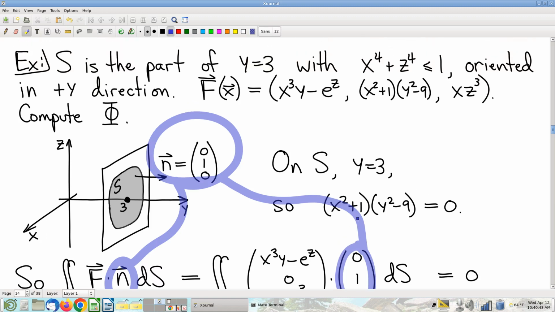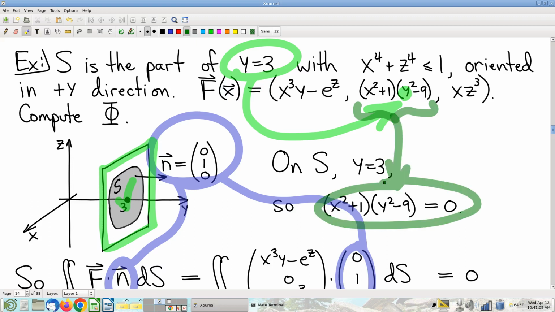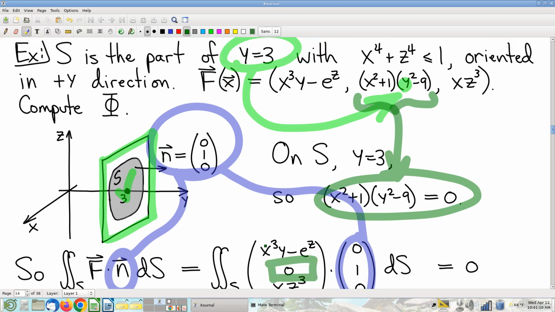Here's the other part of the point. Knowing that my entire surface is inside of this plane where y equals 3 means that I get to plug in y equals 3 everywhere in my vector field, and specifically plugging it into the second coordinate tells me that second coordinate is 0. So that's another benefit that I get, basically for free, as a result of the fact that my domain is inside of a known plane.